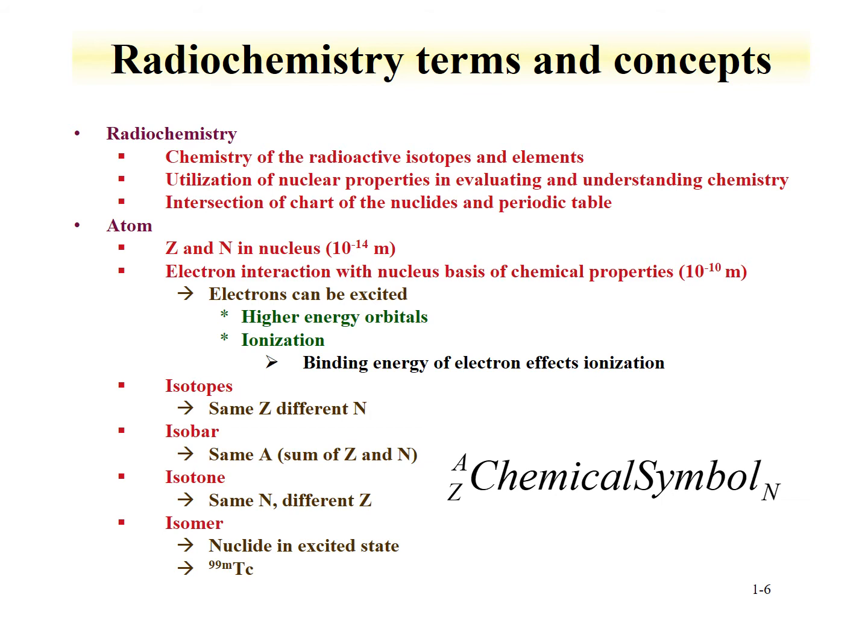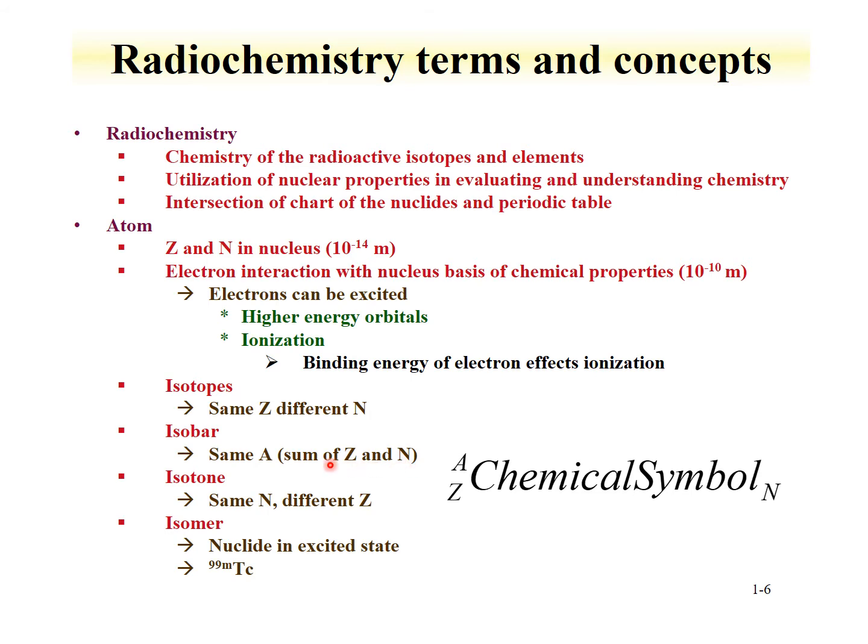So some of the terms that we have for atoms within radiochemistry, we've already discussed. Isotopes. So an isotope is the same Z, so the same proton number and different neutron numbers. An isobar, where we have the same A, the sum of the protons and neutrons.